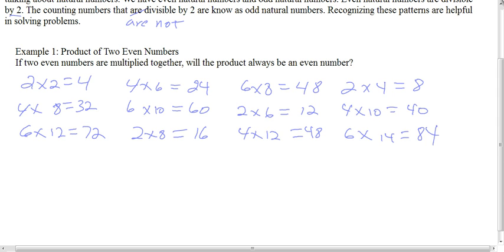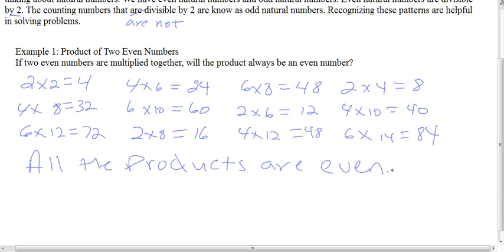That's quite a few, and we worked those 12 problems, and we still came out with even numbers. So we can come to the conclusion, from what we have here, that all the products are even. This is just for our sample.